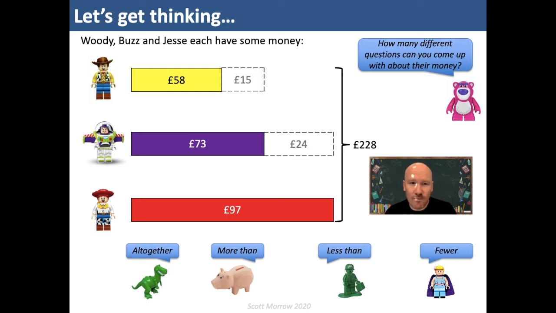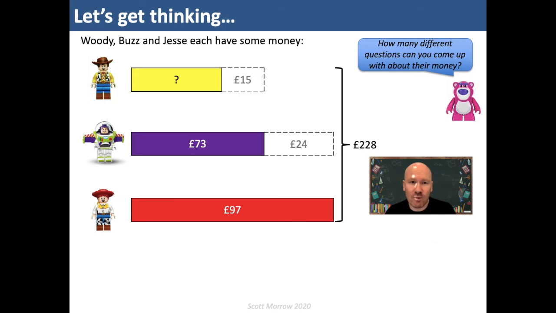Let's do an example. Let's say I wanted to ask a question where I wanted to work out how much money Woody has. So that's the unknown in this example. What information might I give in order that that could be solved? I could give the difference between Woody and Buzz, the difference between Buzz and Jessie, and how much money Jessie's actually got.